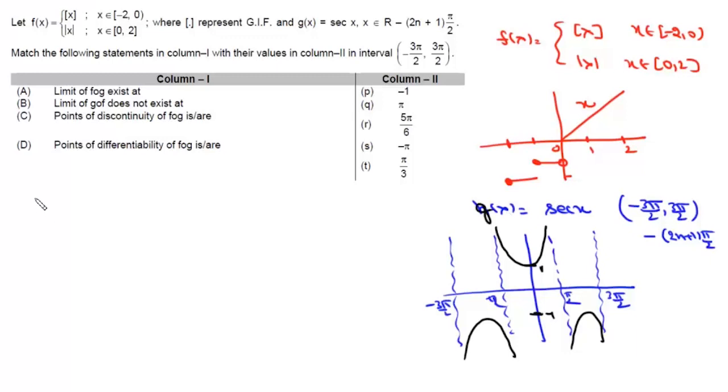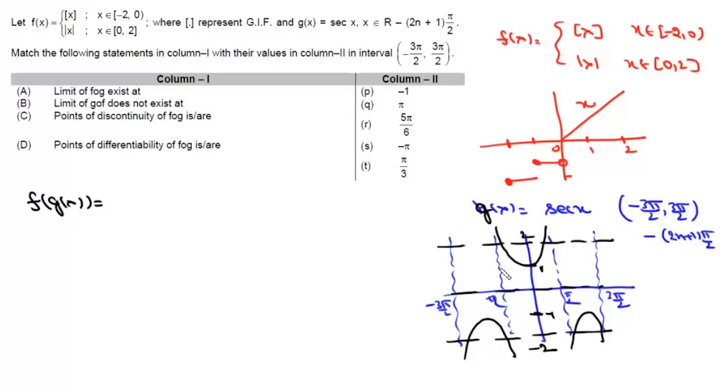Now first we'll find f of g(x). So once we have g(x), we look at the definition of f(x). Now critical points are minus 2, 0 and 2. So we'll draw a line at minus 2, 0 and plus 2.